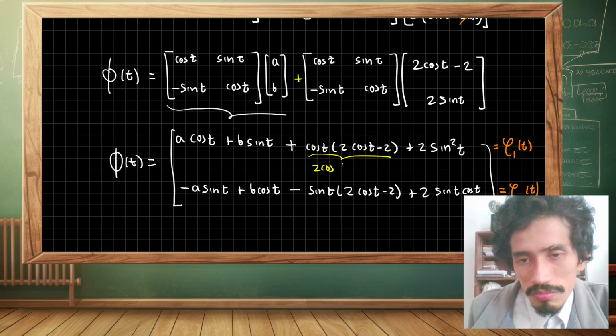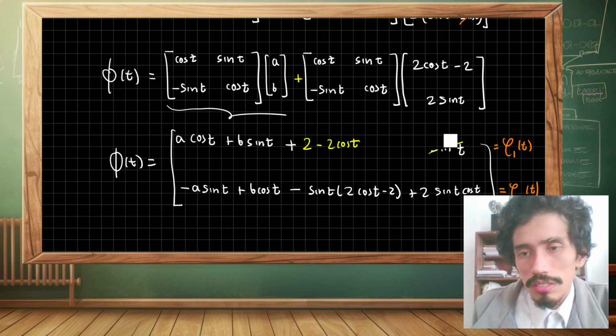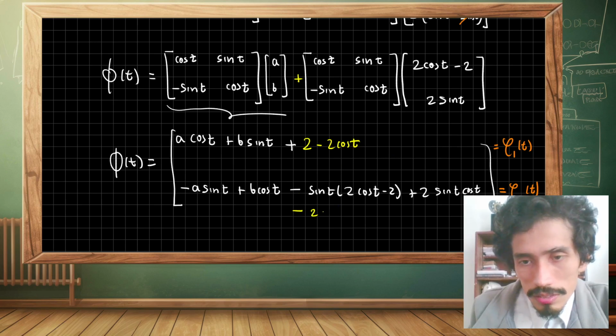Well, you can do it: 2 times cosine square of t minus 2 times cosine of t. Yeah, so this one and this one cancel each other. You have 2 minus 2 times cosine of t. Perhaps this is nicer. And then here is minus 2 times cosine. Yeah, so this one cancels with this one, and you're left with plus 2 times sine of t.